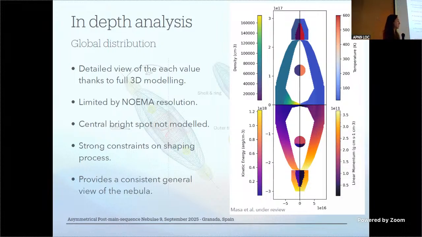If you noticed a few slides ago, there is a central bright spot that we are unable to model due to this lack of resolution. But overall, we are able to impose strong constraints on our shaping process, and we can get an overall view of how this nebula was formed, which all indicates a common envelope ejection.